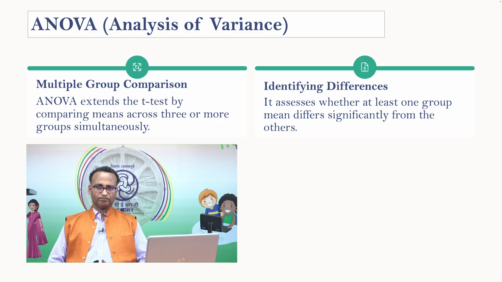The next kind of inferential statistic is ANOVA, usually called analysis of variance. Sometimes some people call it the F test. It is a very powerful higher order statistic researchers use for quantitative data analysis.